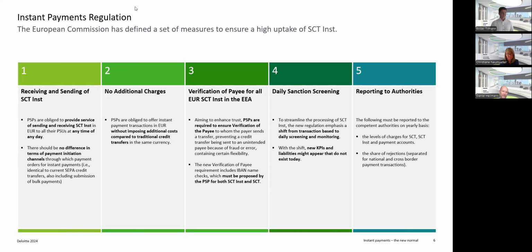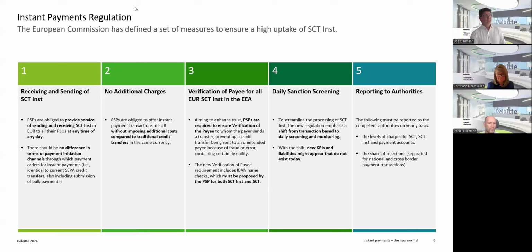Some examples that we see here, for example, are the provision of incomplete or incorrect information for legal entities. So the bank account holder name is the complete legal entity name, but the payer only enters, let's say, the company name, but not the legal form afterwards. Or you have incomplete or incorrect information for accounts with multiple account holders, where multiple people are holding one account and the payer only enters one name.